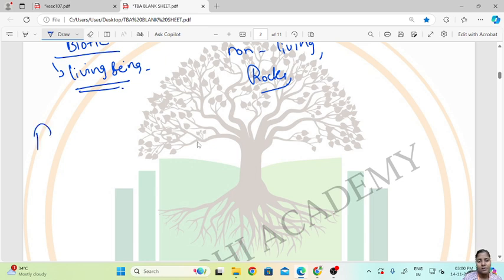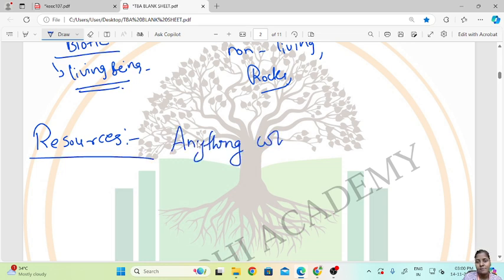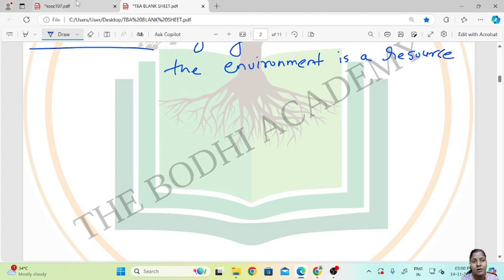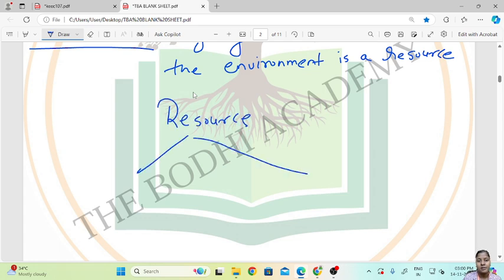Further we can classify resources as renewable and non-renewable resources.